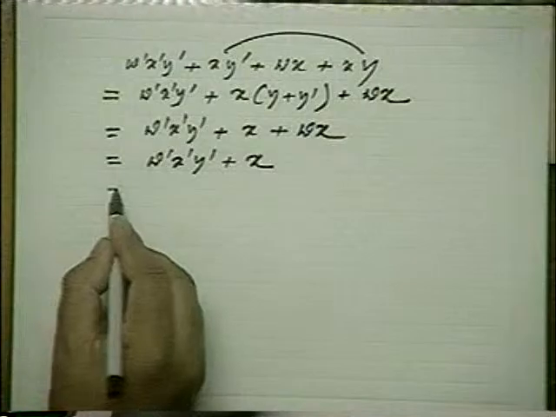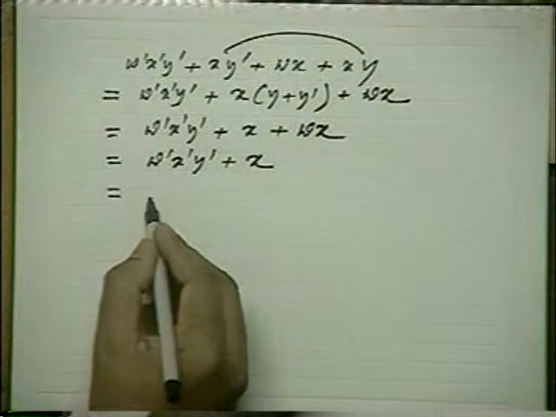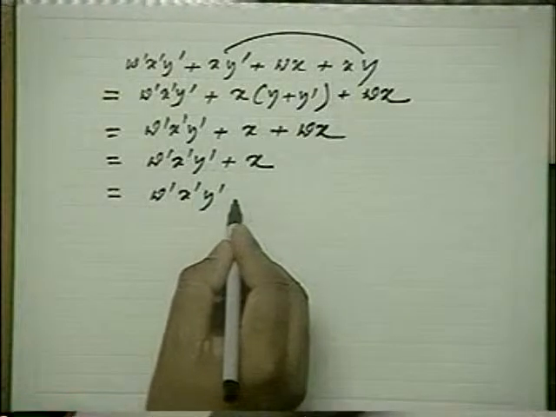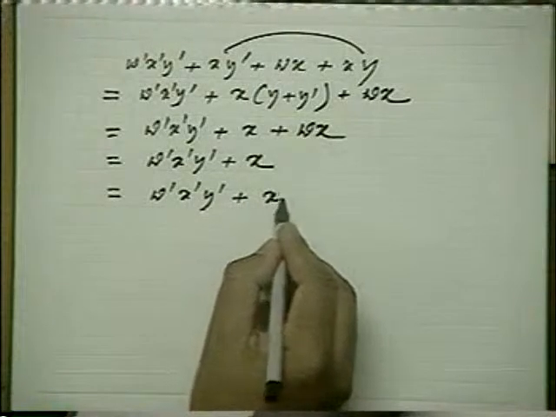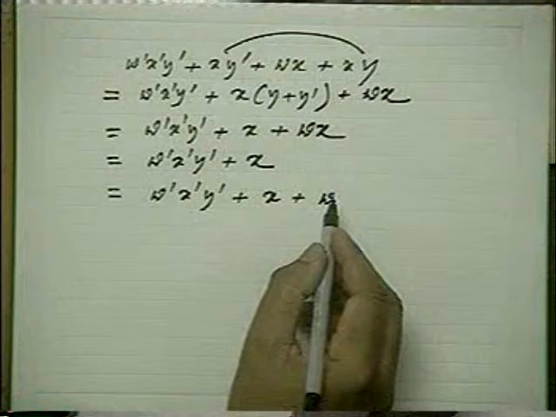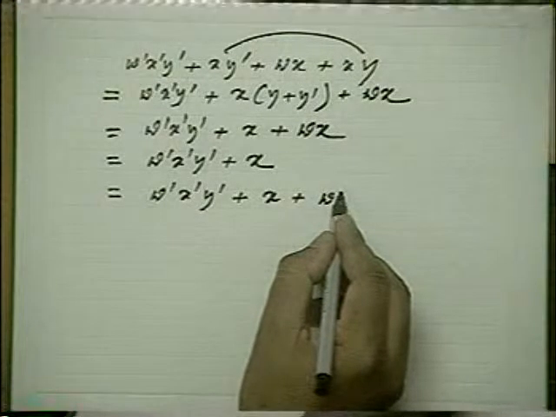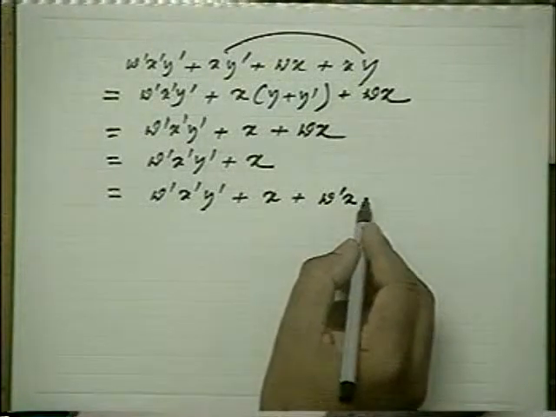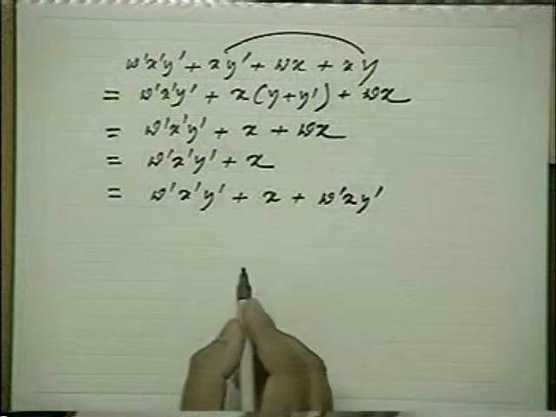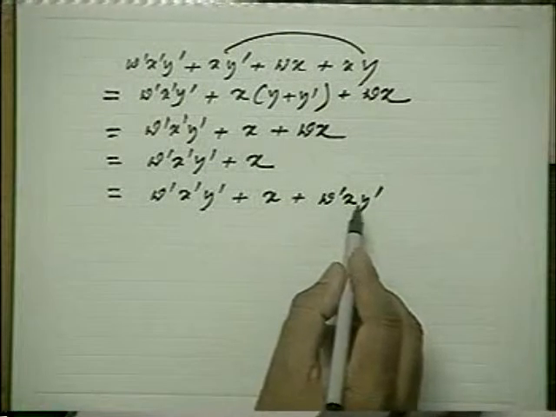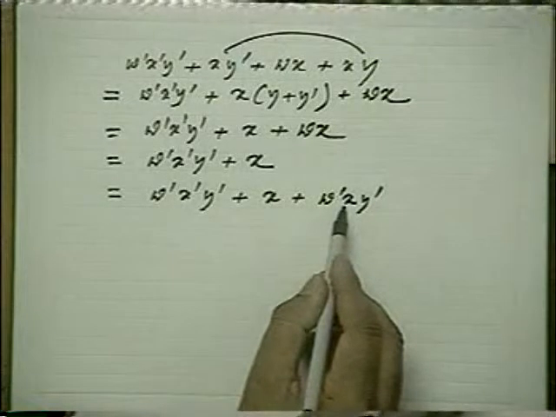This is equal to w bar x bar y bar plus x plus w bar x y bar, because this x plus w bar x y bar is essentially x once more.